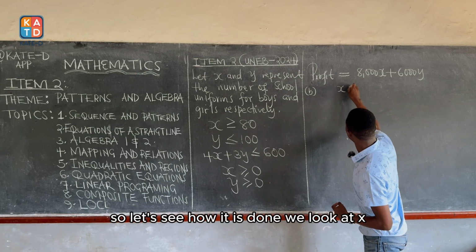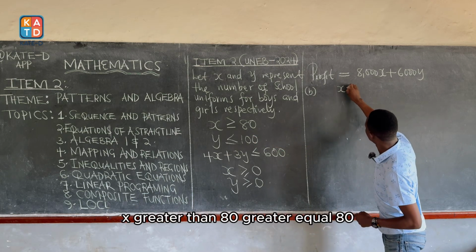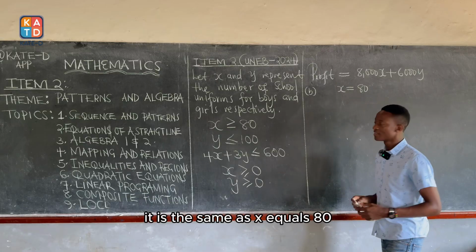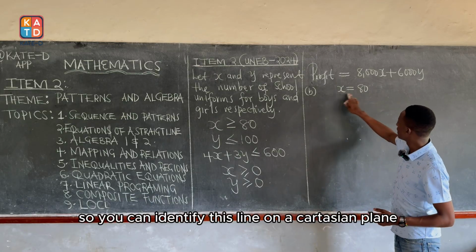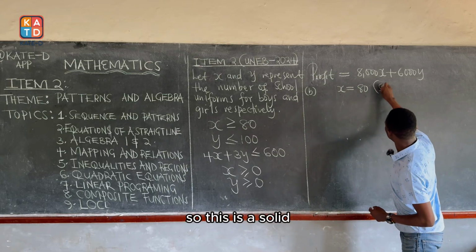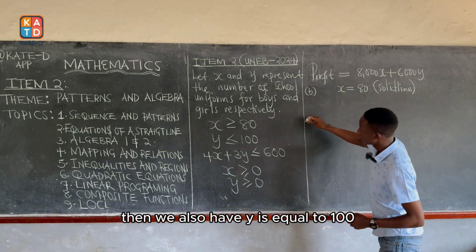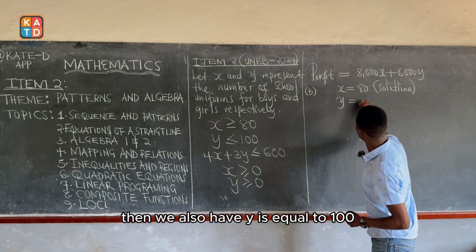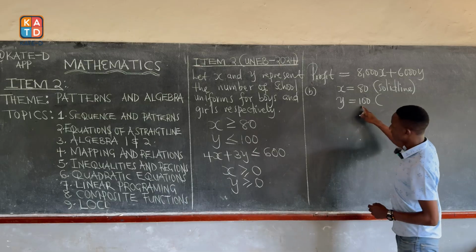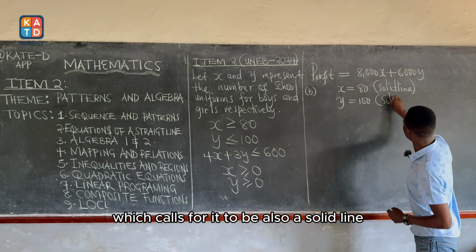When we look at x greater than or equal to 80, it is the same as x equals 80. So you can identify this line on a Cartesian plane. So this is a solid line. Then we also have y is equal to 100, and we have less or equal, which calls for it to be also a solid line.